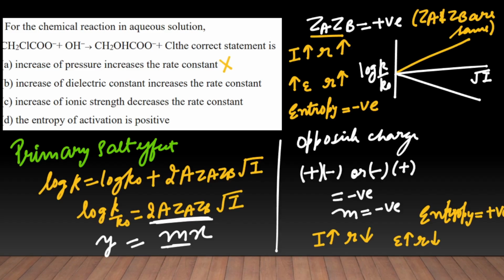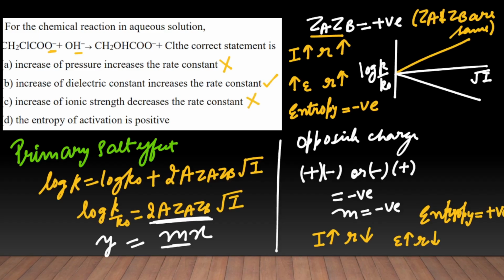Next statement says increase in the dielectric constant increases the rate constant value. This is the true one, because both the charges present on the ionic species are the same, minus and minus. So with the increase in dielectric constant, the rate constant value increases. Next says increase in ionic strength decreases the rate constant.